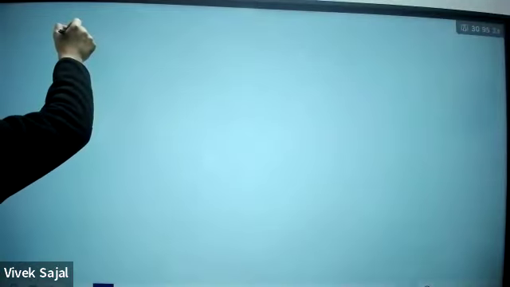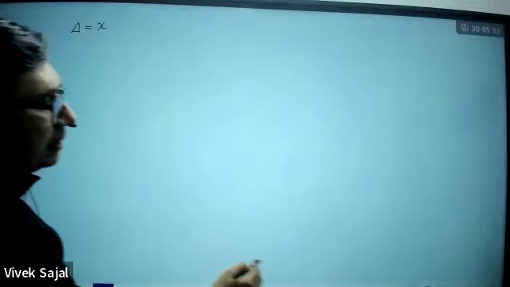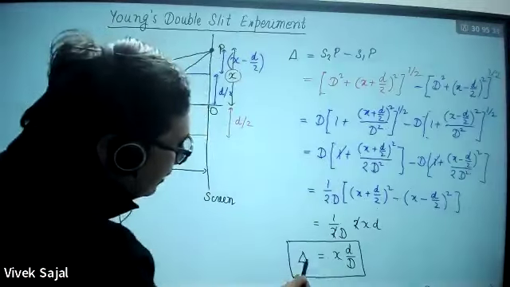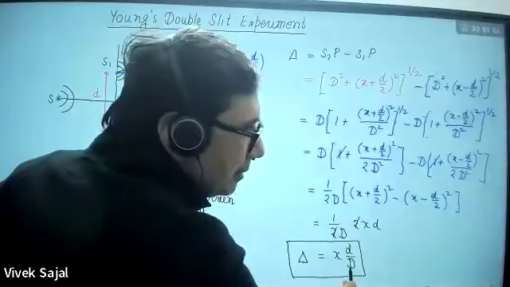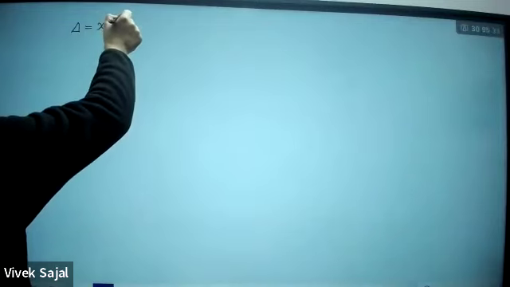So this delta is x into d by D. Remember this formula: x, d by D.